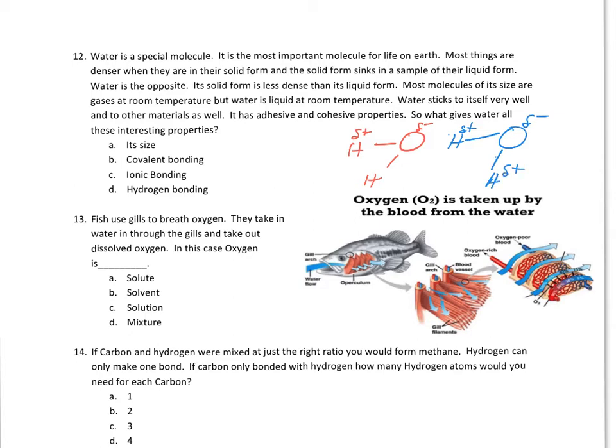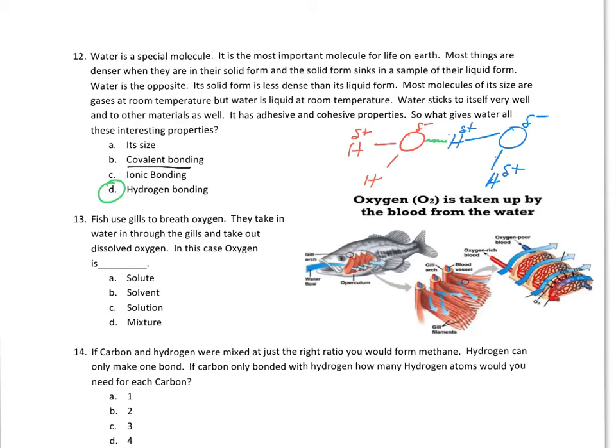And so there's going to be, what do we call it, the attraction between these two? It's not really a bond. It's a bond that's not a bond. It's the answer to a lot of questions in biology. It's hydrogen bonding. Because a hydrogen bond is a weak bond between molecules. It's not a chemical bond, right?